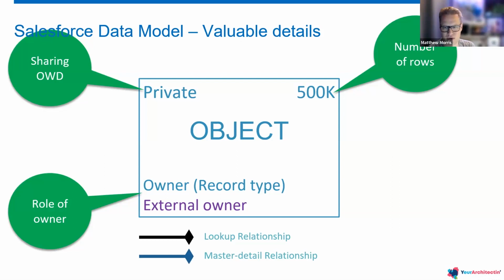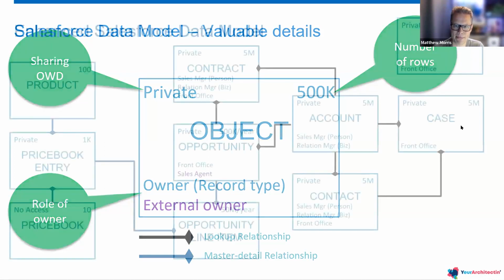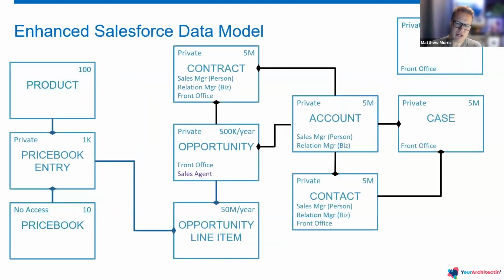And it may be that if the ownership changes over time, there might be an internal owner and an external owner, but certainly to indicate whether the record's owned internally or externally if you're working in some kind of community model. And then once you put those all on there, you've got one piece of paper that allows you to check lots of things and answer lots of questions all at the same time.